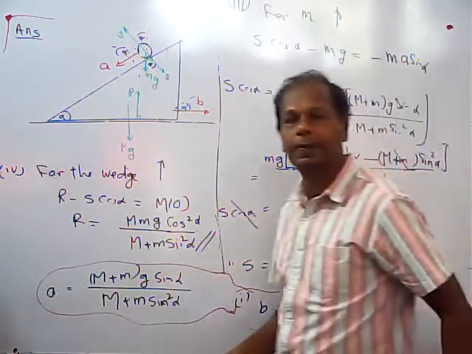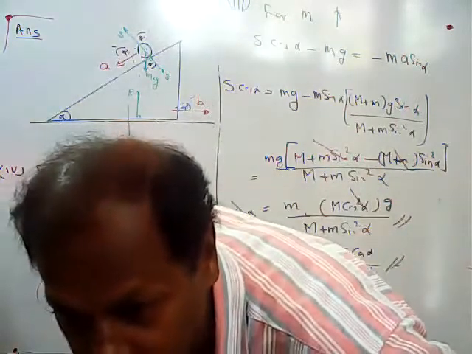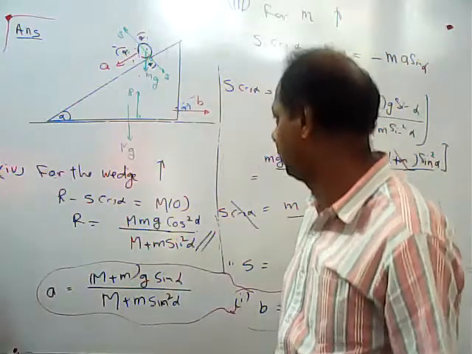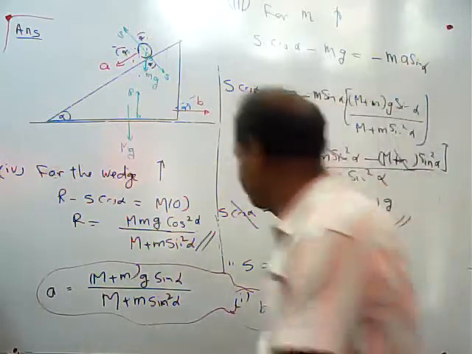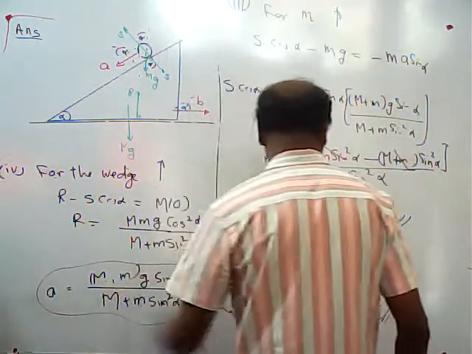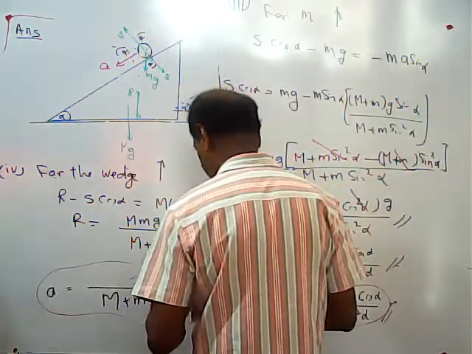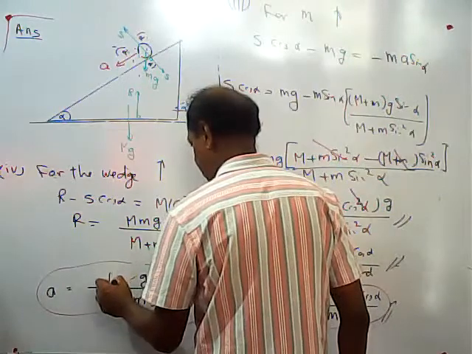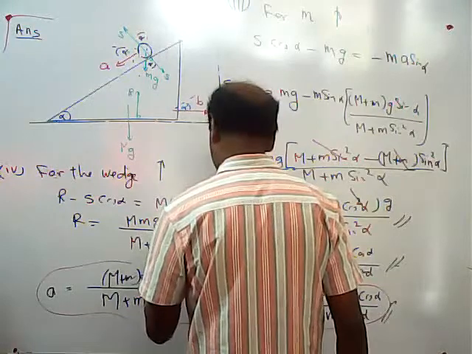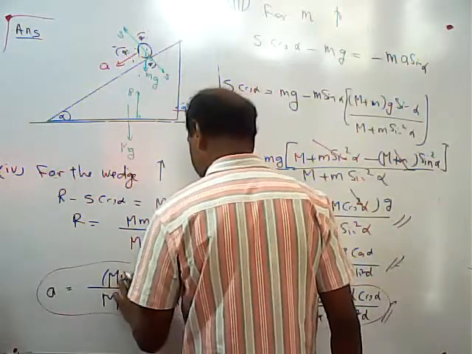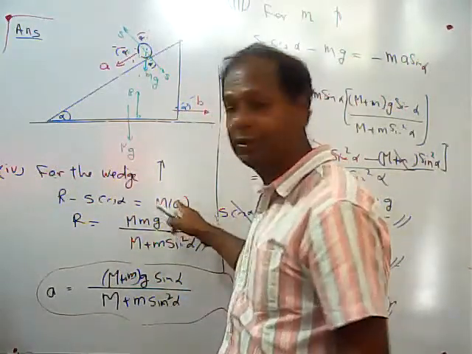So we found R and S. Mg, not n plus n. Mg. No, that was n plus n. This one, Mg cos square alpha over m plus n sine square alpha. This one is correct.